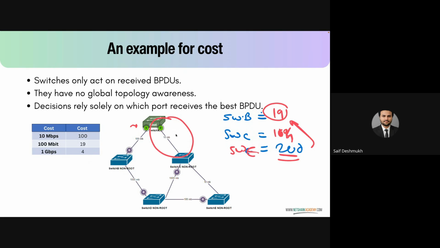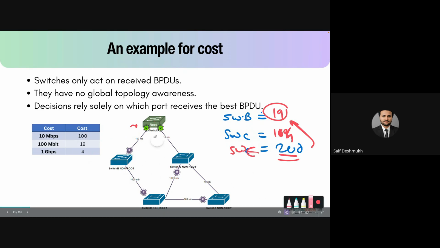So all it has to do is two things: select a root port, and then decide whether to block or put the interface into designated port. Only two things, that's all in spanning tree. Okay, I'm thinking of common sense here. So what's going to happen?